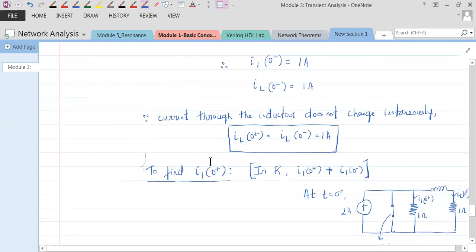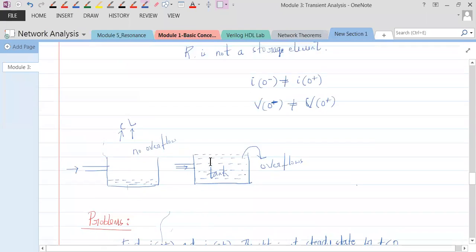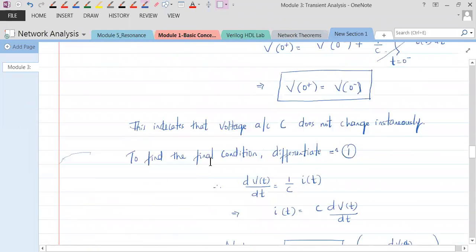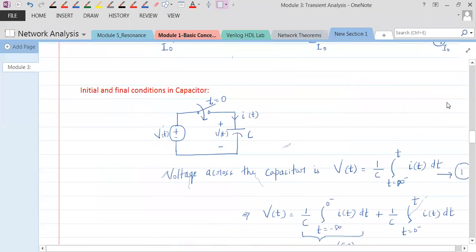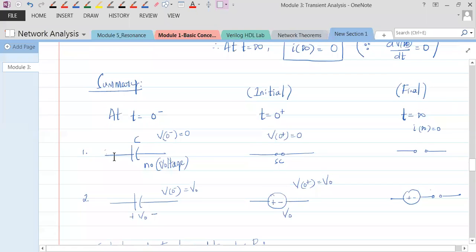To understand that, yesterday we have done this, right? See, in steady state, inductor acts as short circuit. In steady state, the capacitor acts as open circuit. At t equal to infinity, what's happening? The capacitor is replaced by what? Open circuit.